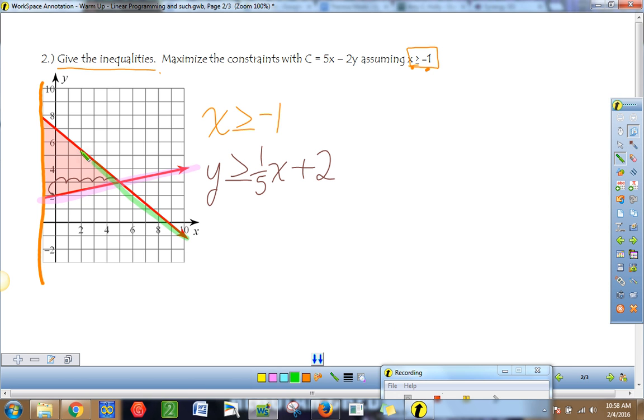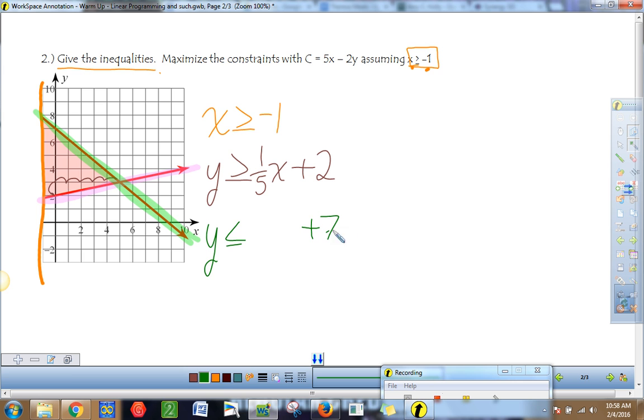Alright, how about this guy? Positive 7. +7 is your what? It's going to be less than or equal to because it's shaded below this line, right? It's shaded below this line. It crosses the y-axis at 7.